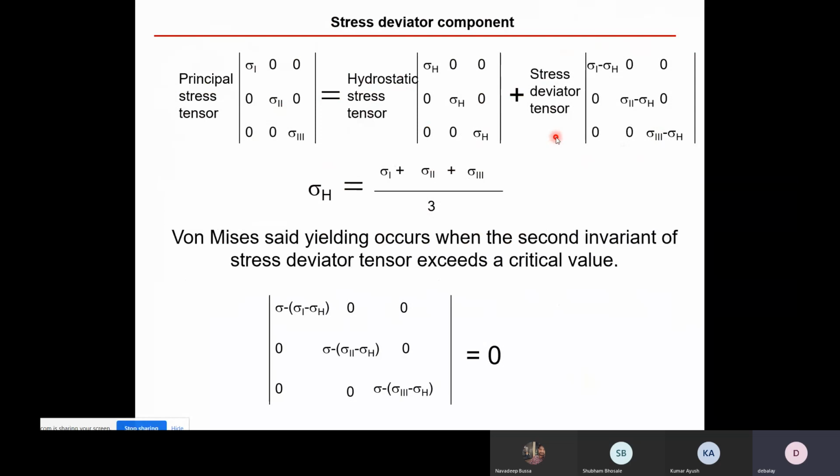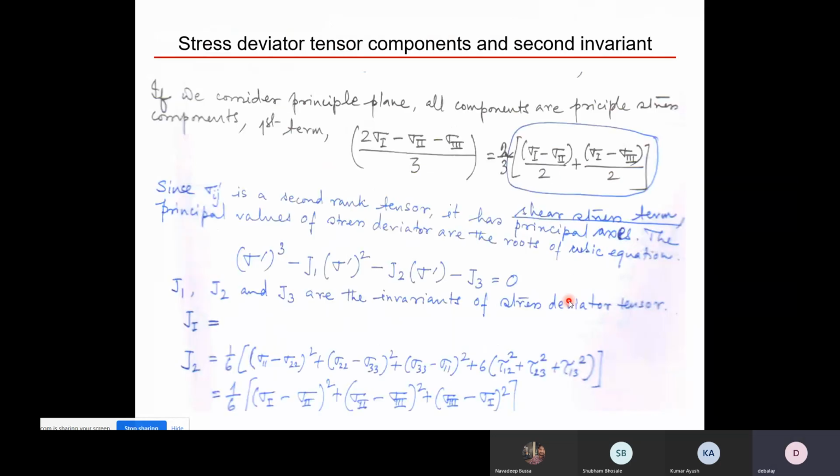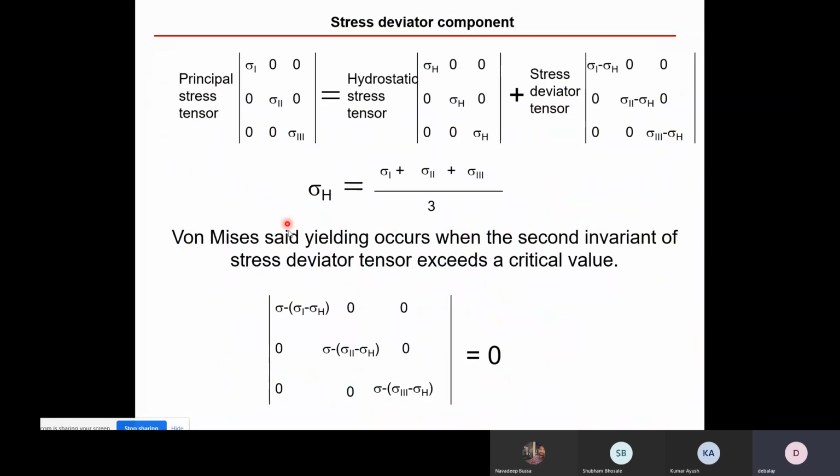So von Mises tried to determine the invariants for this stress deviator tensor, and he said the second invariant. If we try to determine the principal components from that stress deviator tensor, then again that kind of expression comes: sigma minus sigma 1 minus sigma h, something like that, equal to 0.